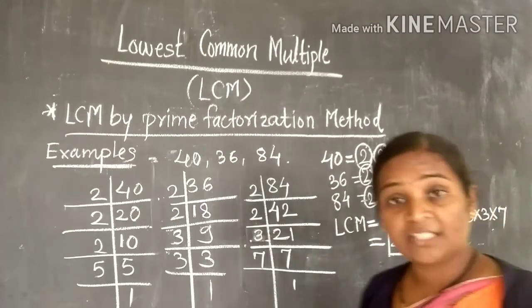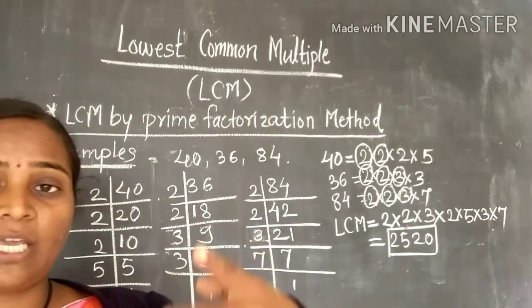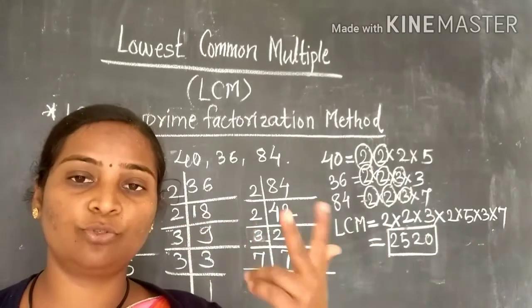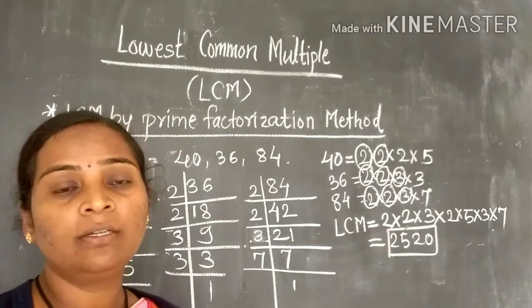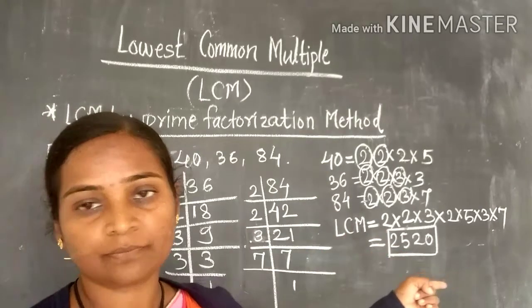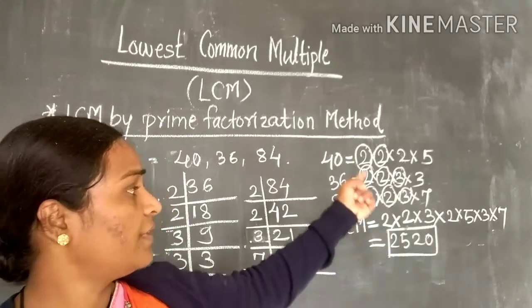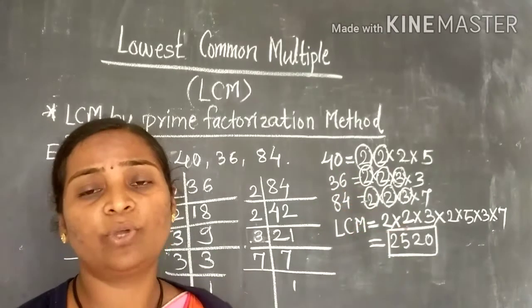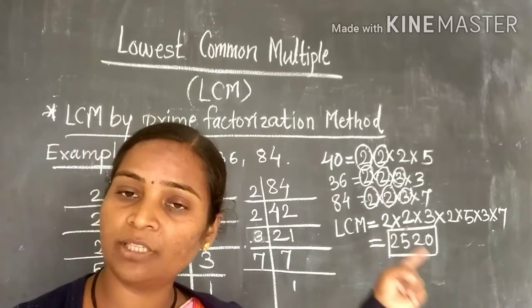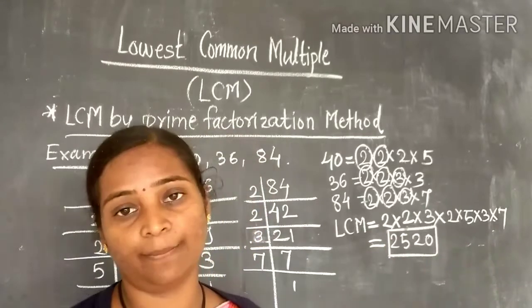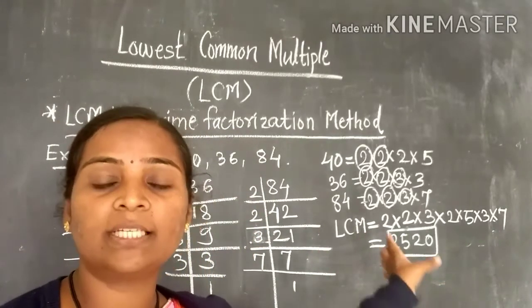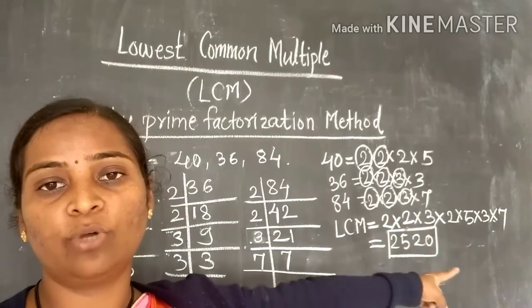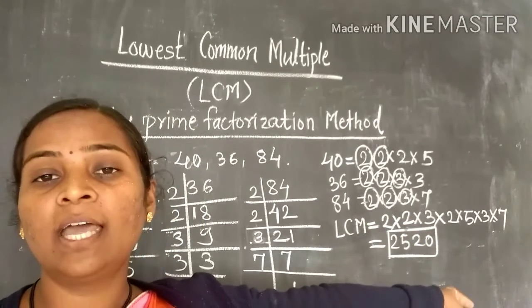You have to check how many times the number is common, it may be 2, 3 or 4 times. Then you should write it as a common factor. And the remaining 2, 5, 3 and 7 have no common number, so you should put those numbers as they are. Then do the product, means the multiplication, and after multiplication, the product that you have got you have to write below.